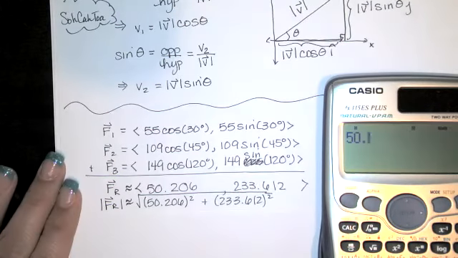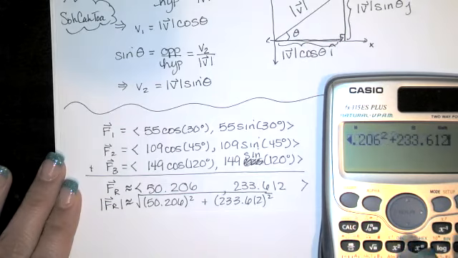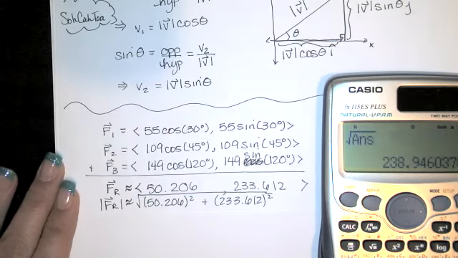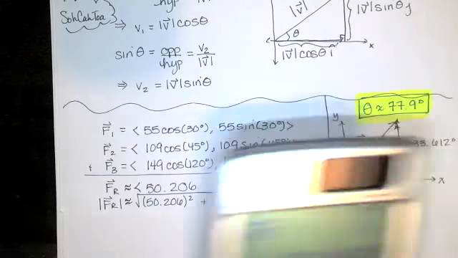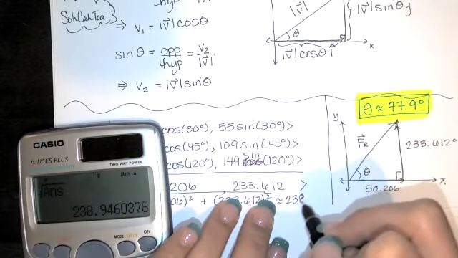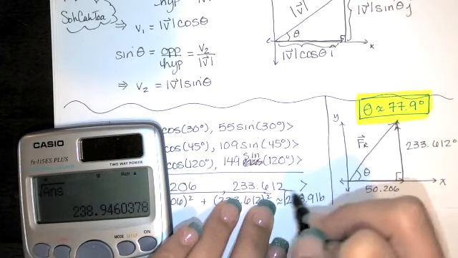And of course, we're getting an approximation again. Square root of your answer, and we get 238.9 approximately. And all of those measurements were in pounds.